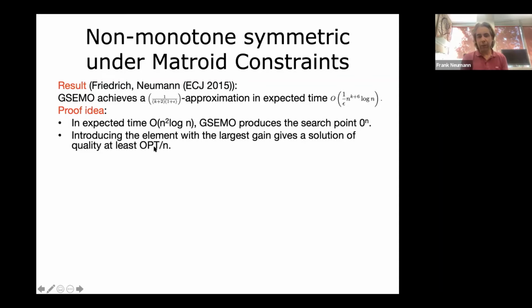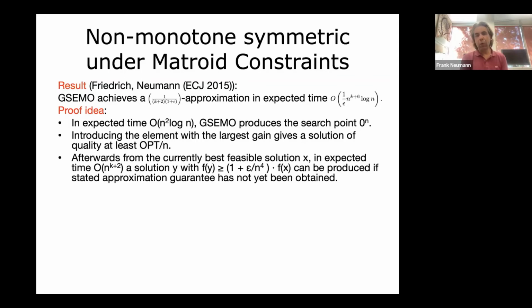Okay, and then the local search behavior says you can flip essentially k+1 bits from your currently best solution and always increase the function value by a factor of 1 plus epsilon divided by n to the power of 4.